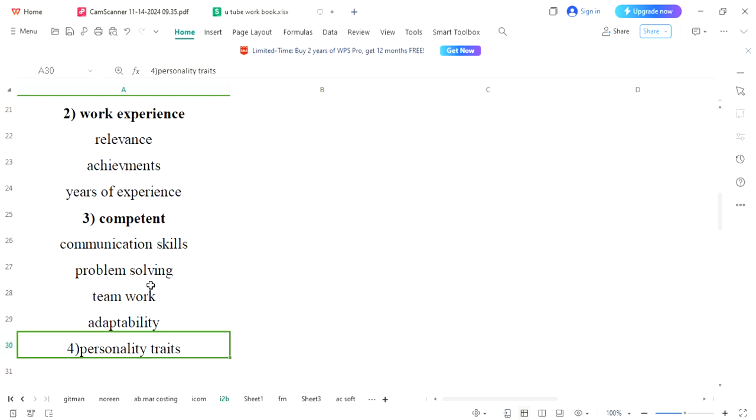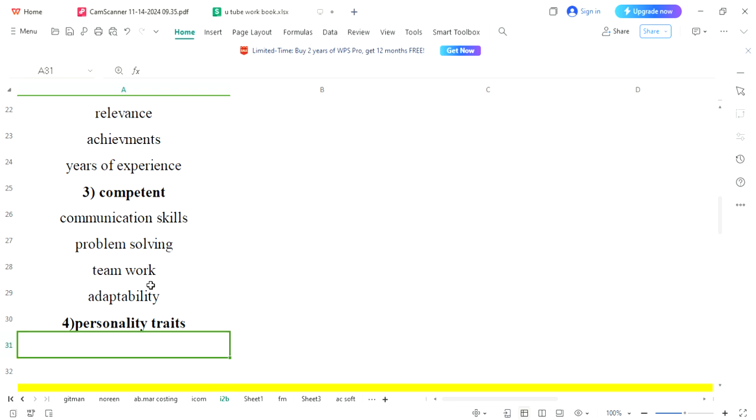Look, how a person is having characteristics regarding his personal attitude. We will see whether he is aligned with organizational values.